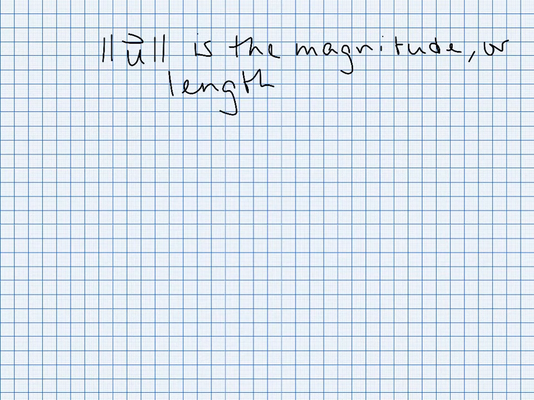Let's go to the next page. So U in double absolute brackets like that is the magnitude or length of U. And as you can probably guess, we are going to use the Pythagorean theorem to find the magnitude of U. So that equals the x component of U squared plus the y component of U squared.